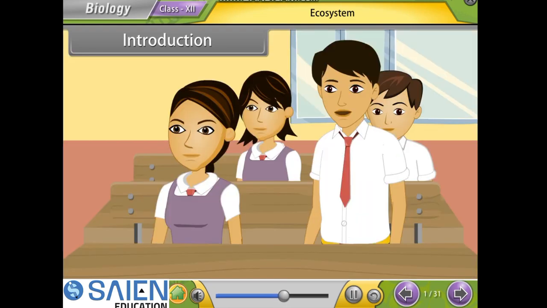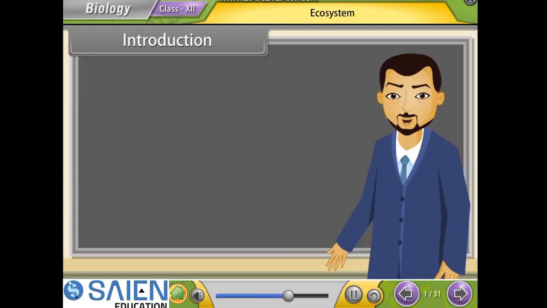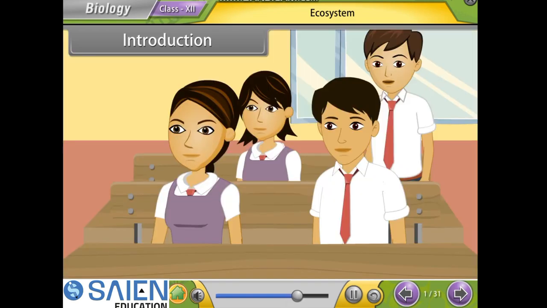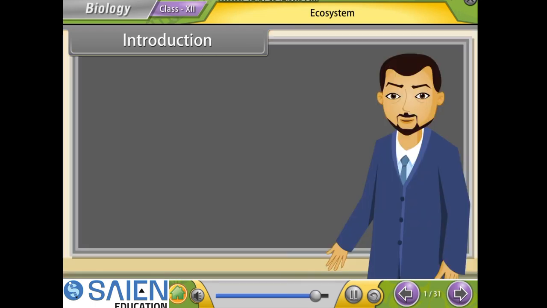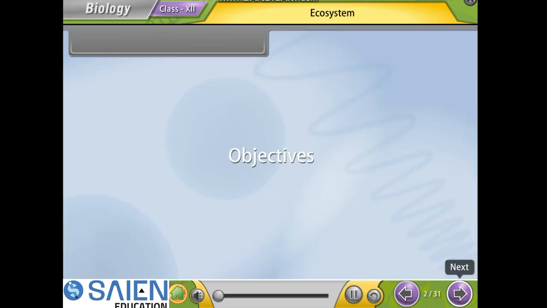It includes all the living things. And what is an abiotic factor? It includes all the non-living things such as sunlight, which helps living things to grow. Well said. In this lesson, you will learn the functioning of an ecosystem.